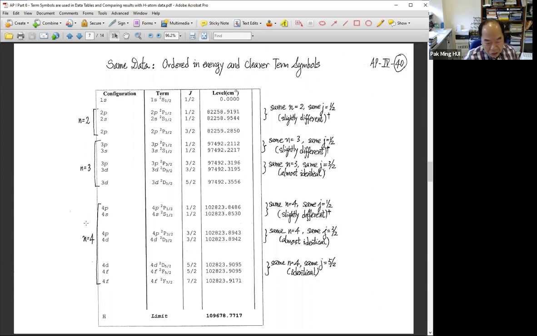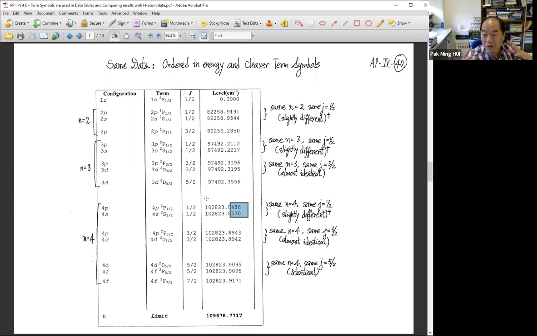Again, if you go to n equals 4, you will have more cases with the same n and same j. You see the accuracy is higher and closer, but nonetheless, for this j equals half case, there is still a slight difference, okay? So let me conclude.